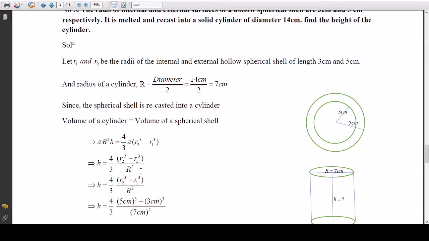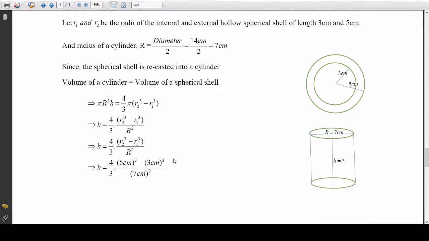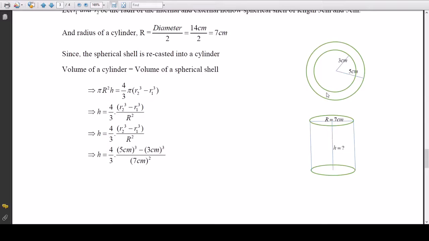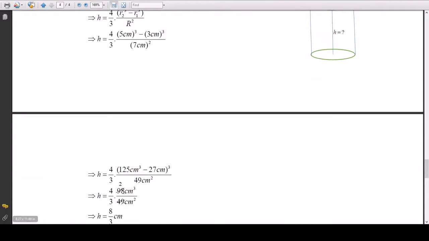Now time for substituting the values of R1, R2 and capital R. R1 is 3, R2 is 5, therefore 5 cubed minus 3 cubed centimeter cubed by R square, 7 centimeter square. Now 5 cubed is 125, 3 cubed is 27, and 7 square is 49.